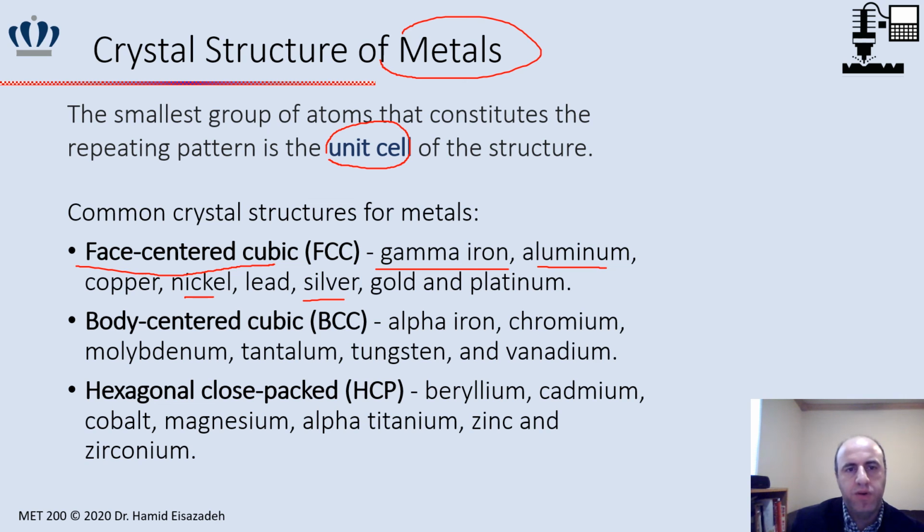The next one is body-centered cube, BCC for short, and chromium, tungsten, vanadium are some examples of materials with the BCC structure. And hexagonal close packed, or HCP for short, in this category we have zinc, zirconium, cobalt, and magnesium.